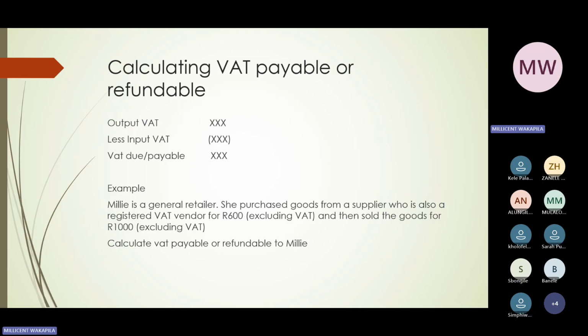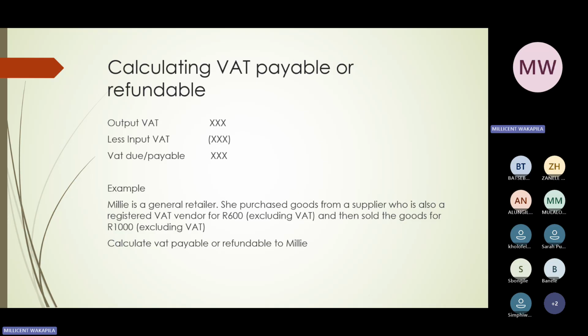The VAT output is the one that you normally get when you charge, or when you sell products, or when there's an outflow of goods. That's the one that has a positive sign. The VAT inputs, the one that you claim, is the one you receive when there is an inflow of goods or services in your business, and it has a negative sign.